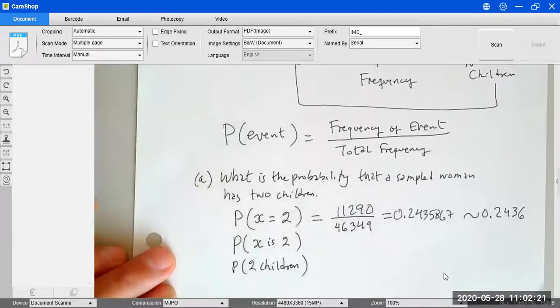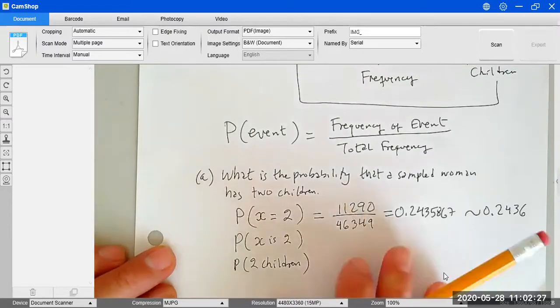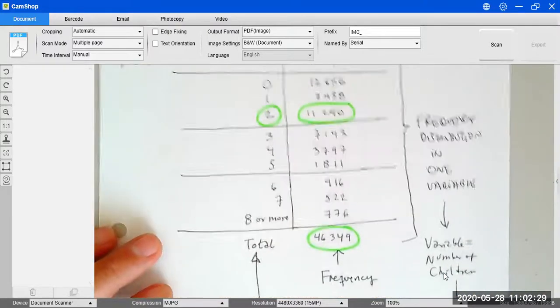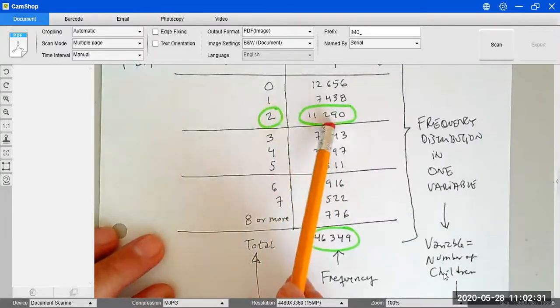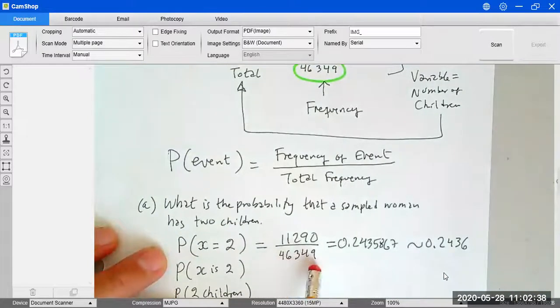Again, it's the frequency of having two children, which we read from the table, divided by the total frequency. We use that information to compute the probability of a sample woman having two children. That's a single event.